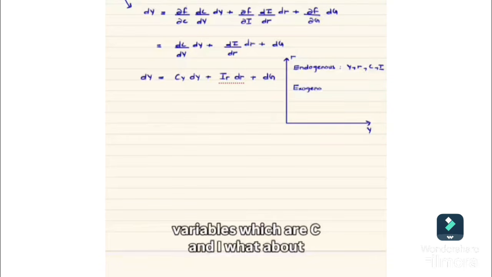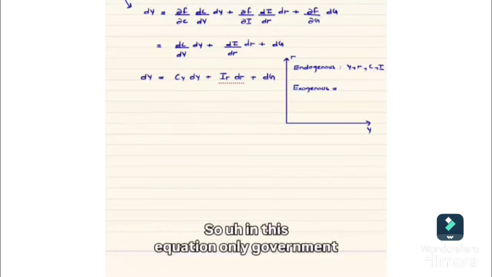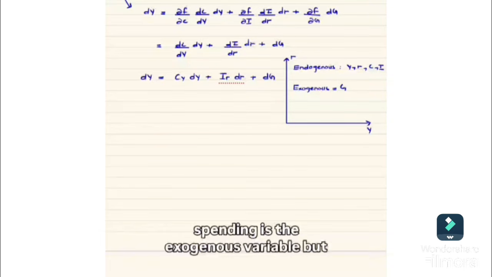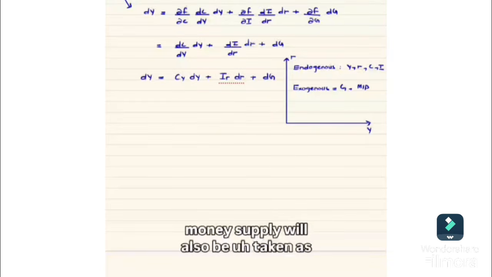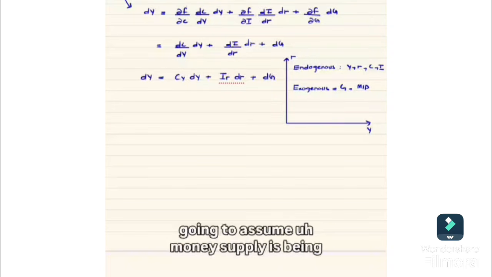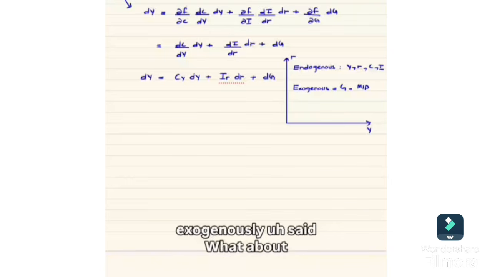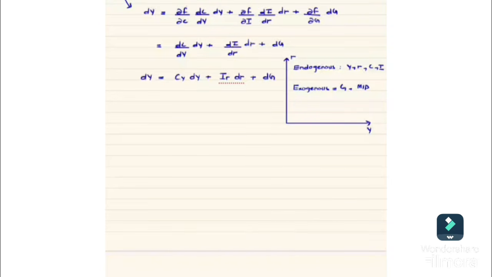In this equation, only government spending is the exogenous variable, but when we introduce the money market, the money supply will also be taken as fixed. We'll be assuming a monetary targeting central bank with a vertical money supply curve. So therefore, we're going to assume money supply as being exogenously set. What about parameters? We'll introduce parameters in a bit.